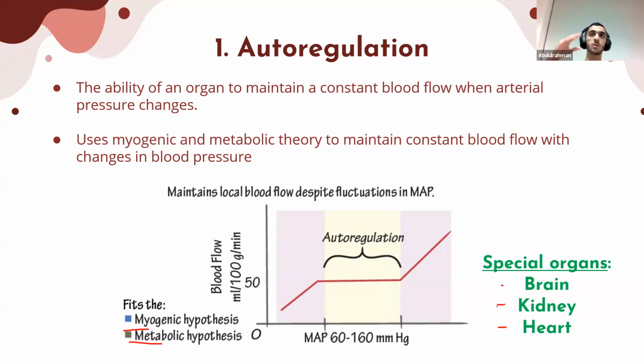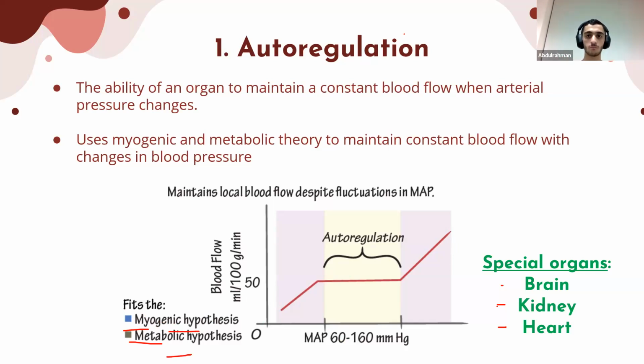We said that when there is constriction, there's going to be less blood flowing through, and when there is dilation, there's going to be more blood going through. But these organs don't want that. They just want their normal amount of blood going through them. They don't want to be affected by these changes. So they have an autoregulation mechanism to do that. In other words, all autoregulation says is that at a certain blood pressure range, these organs maintain a normal blood flow due to the myogenic and the metabolic theories.